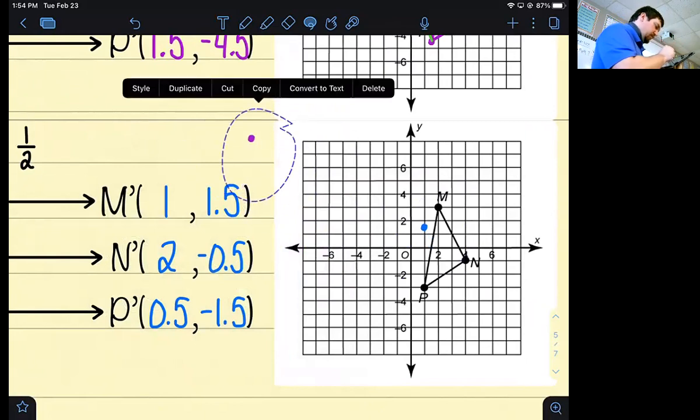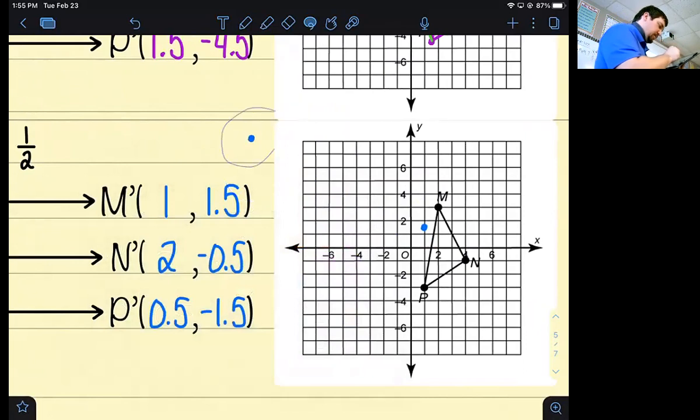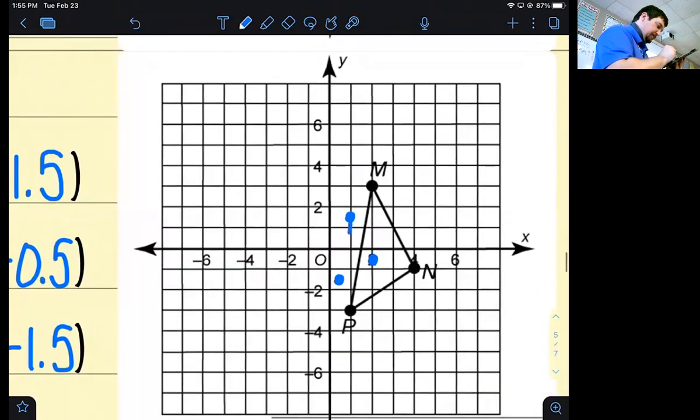My new N, sorry, I forgot to copy and paste that again. There we go. My new N prime is at 2, -1/2. And my new P prime at 1/2, -1.5.